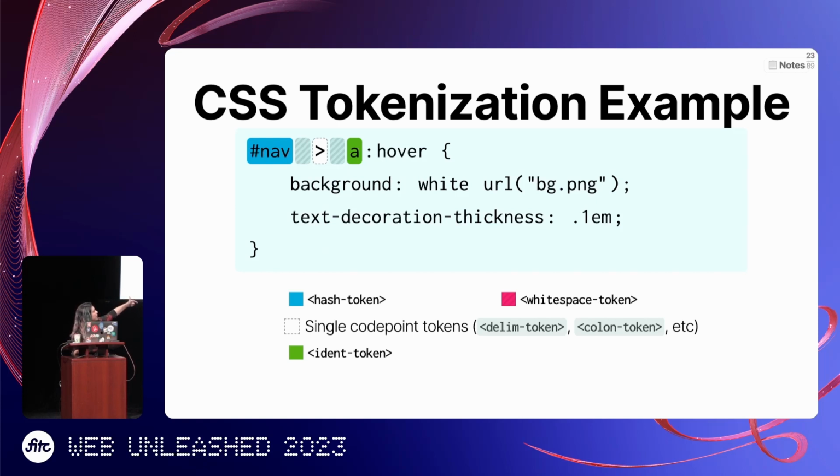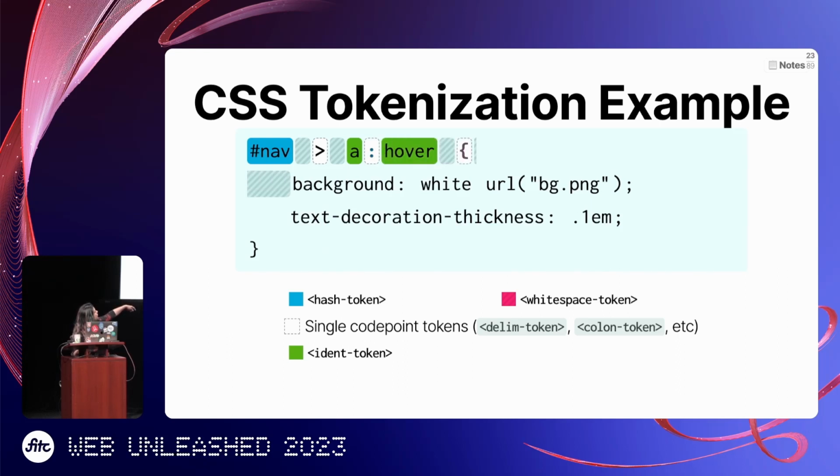Could have letters, dashes, and numbers later on. And then more single code point tokens, more of the tokens that we've seen before, more of an ident. Notice that the tokens are the same regardless of which part of the rule we're in. Like, we have the same types of tokens in selectors, in declarations, everywhere.